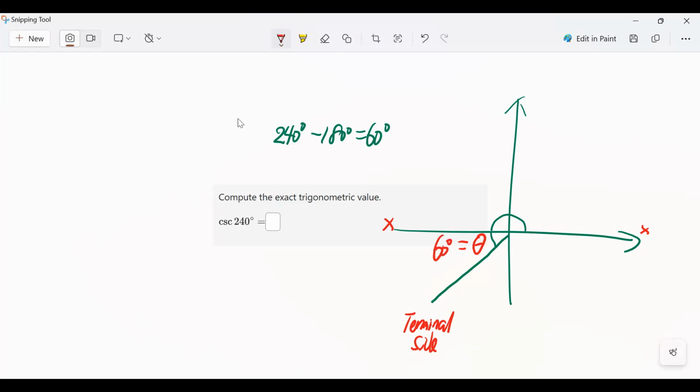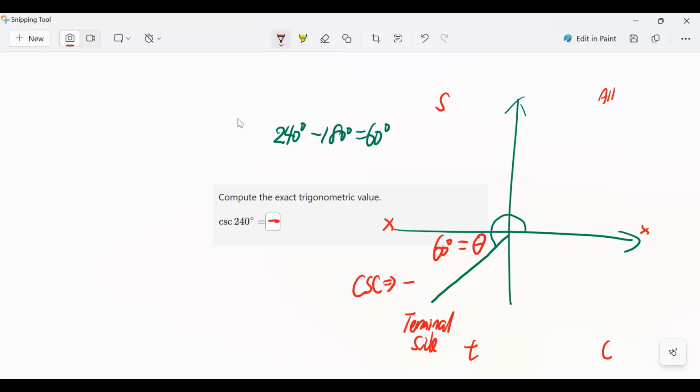So we determine the reference angle. Because this is in the third quadrant, only tangent is positive, so that means cosecant is negative.